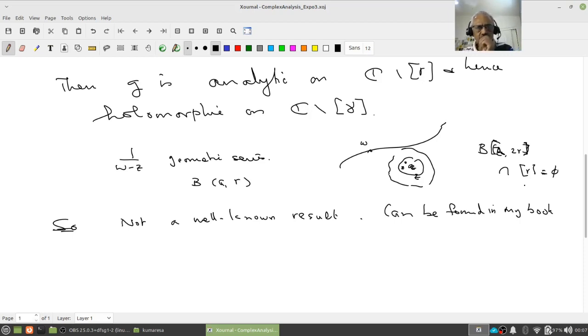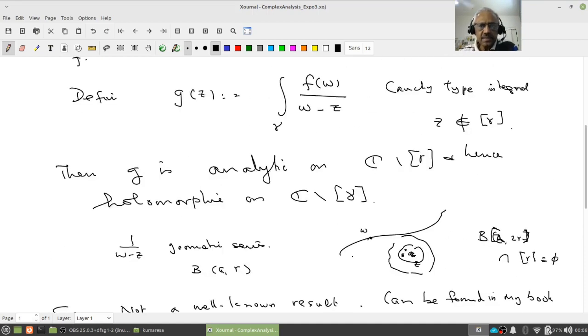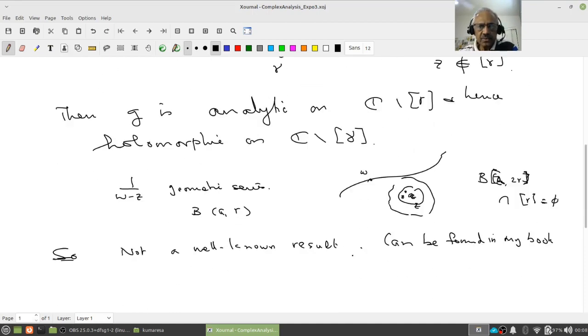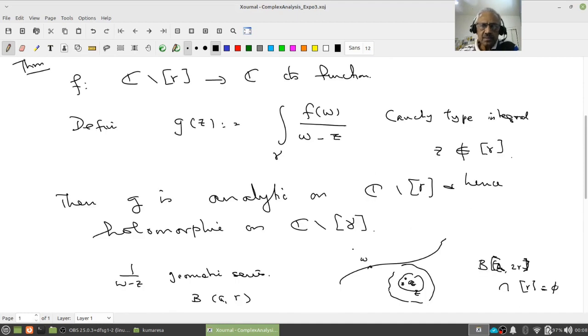I just have to look for a path and then a continuous function outside that. Actually, I'm sorry, f must be a continuous function on the image of gamma, because that's all it matters here.